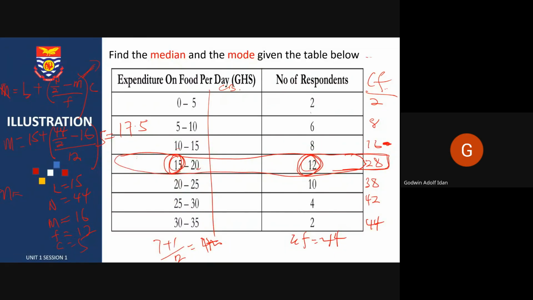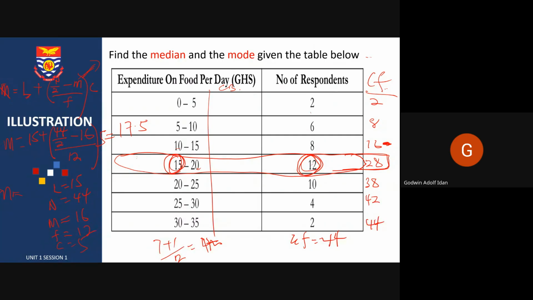Just like how I did it, you focus on the one in the brackets first, where you can simplify the fraction, and then you take your 16 out of it, you divide the answer by 12, you multiply it by the 5, you come and add it to the 15, and that is giving you a straight answer.